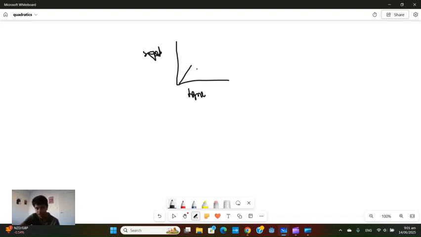If it's a line parallel to time, then that means it's traveling at a constant speed. And a curve, sort of hard to explain, it symbolizes a change in the rate of acceleration, if you catch my drift. It's a change in rate of acceleration.